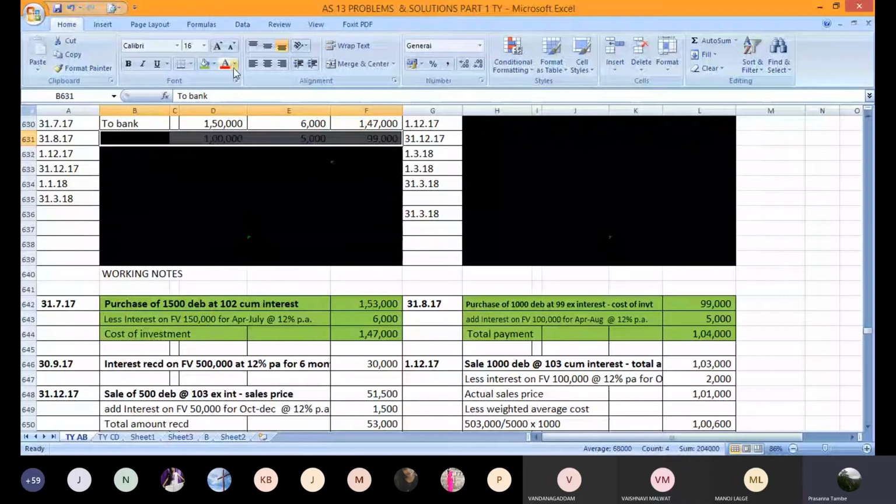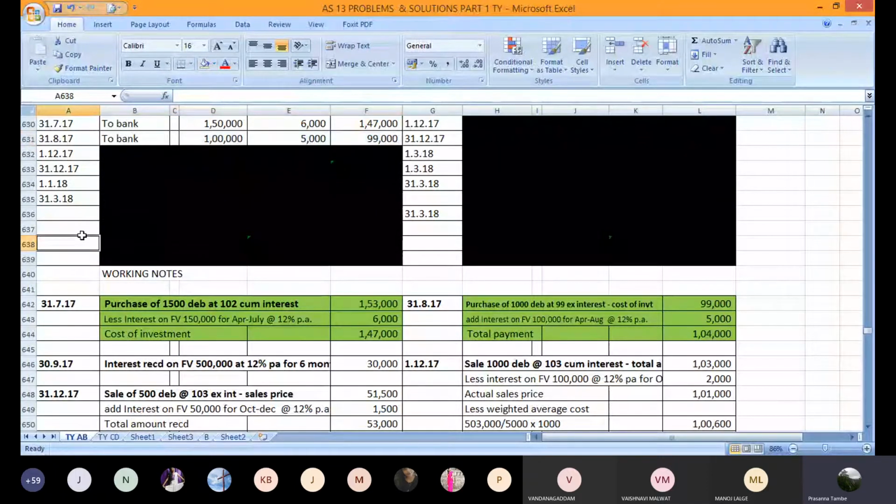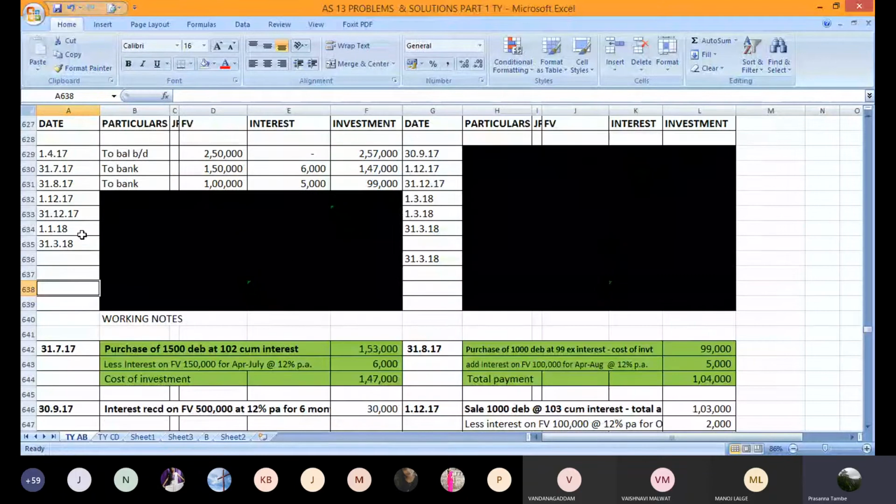Investment account debit 99,000, interest account debit 5,000 to bank account 1,04,000. This is the working for that, and the face value column is updated with 1 lakh rupees. That is the face value of the investment which you are purchasing on this date. So write down these details if not done earlier, and then we will take up the next transaction.